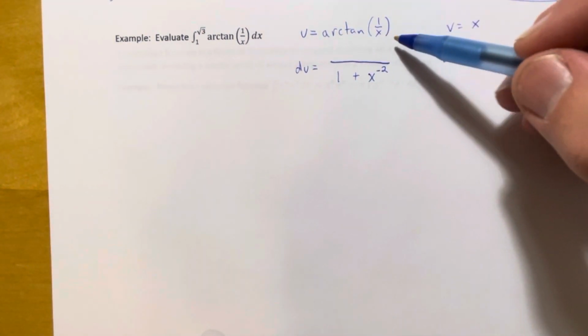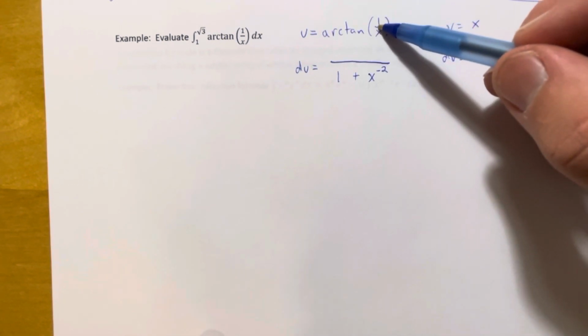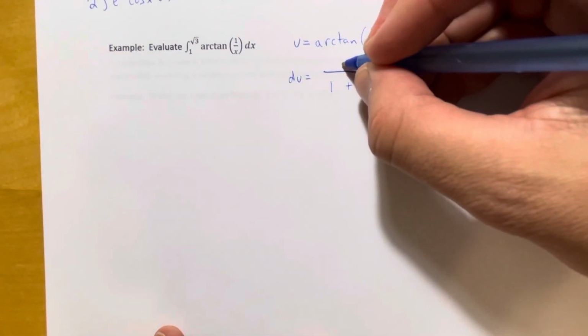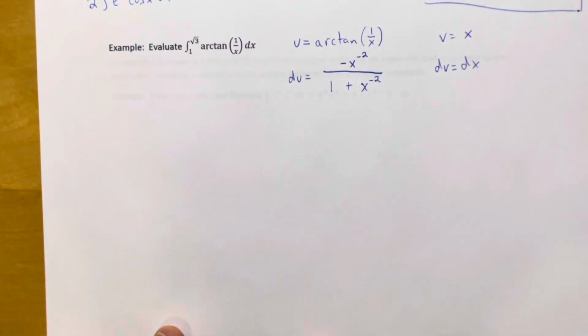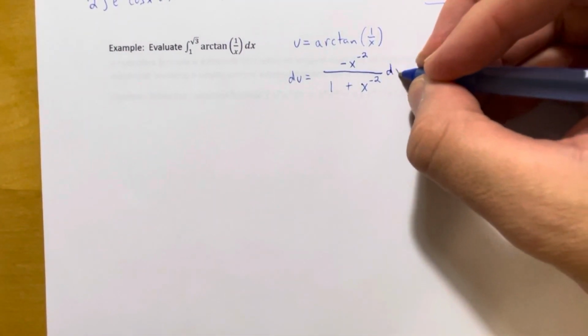But then because it's the chain rule, I also have to multiply by the derivative of this inside function here. So if that's x to the negative 1 power, its derivative would be negative x to the negative 2 power. Okay? You go ahead and verify that that's correct. That's a good little bit of practice with derivatives. Okay? So now that we've gotten all this, I can't forget to put my dx there.